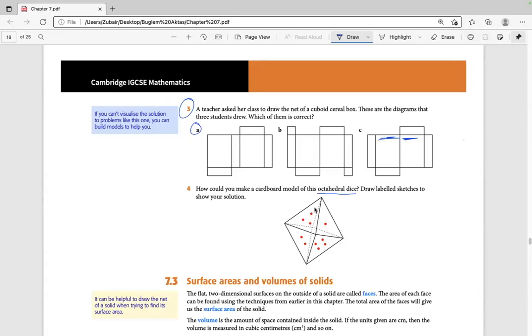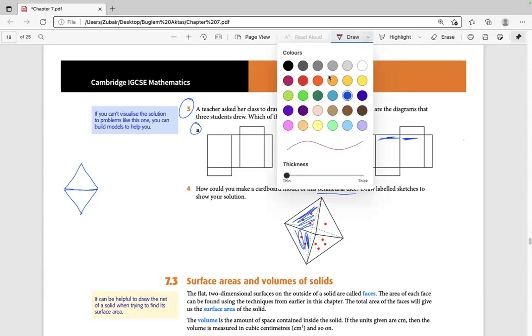But what if I consider this face attached with this? Just like this? So I'm trying to draw it neat. Let's say we start off with this, and these are uncut pages. Now we know that they are equilateral triangles.